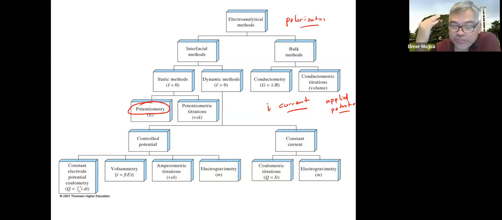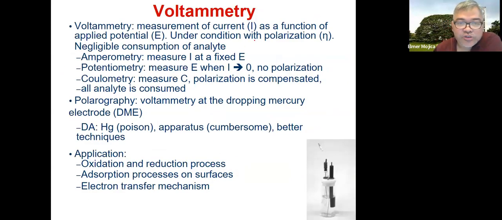The one that will promote the polarization has something to do with the indicator electrode or the working electrode. Voltammetry is just the measurement of current as a function of applied potential, under the condition of polarization.